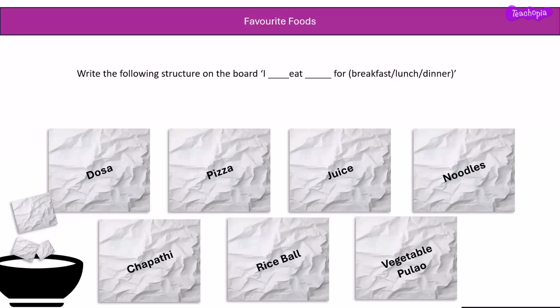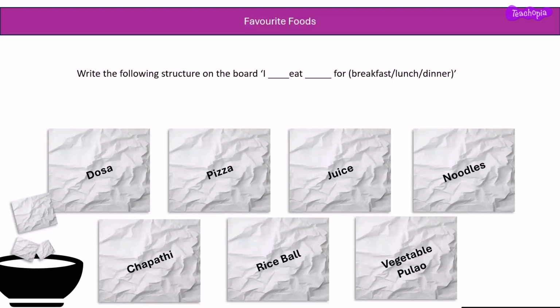It is their wish. Similarly, we have to give this chance to the next child. So the child from the next team comes forward and selects the food item by throwing their paper ball onto the board. Then if that particular child gets chapati as the selection, we ask the child to fill in the blank similarly.